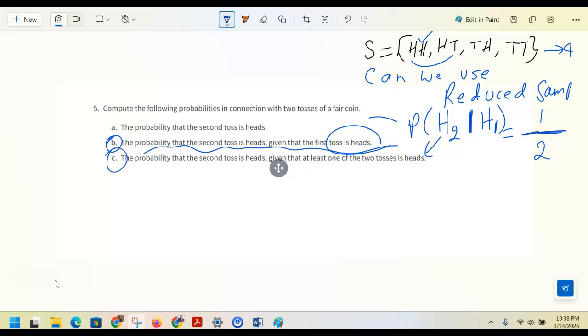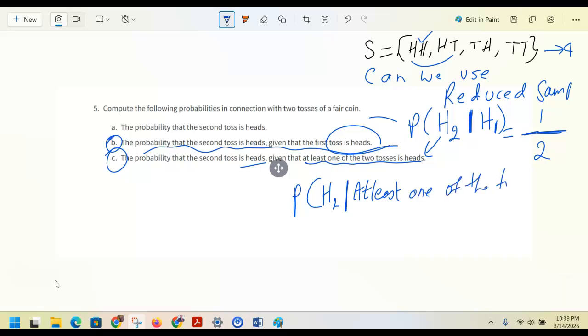And the next one says probability of second head when at least one of the two tosses is heads. So it is already known that at least one of the two tosses is head.